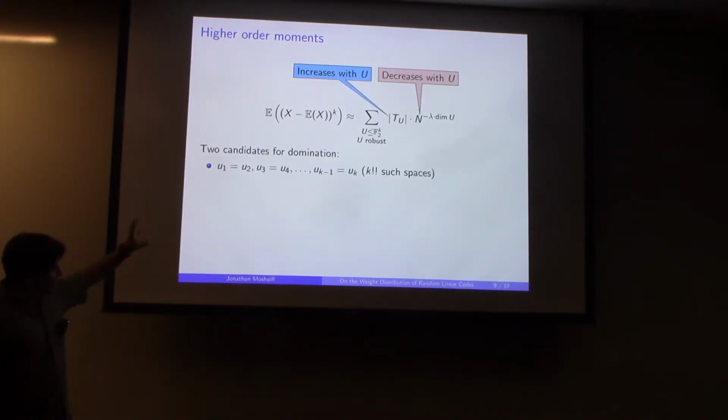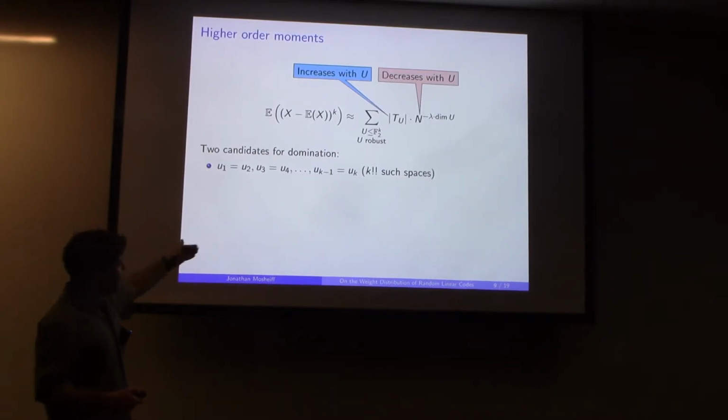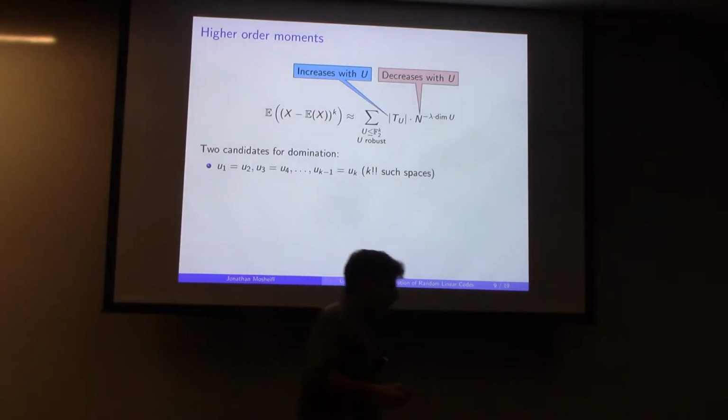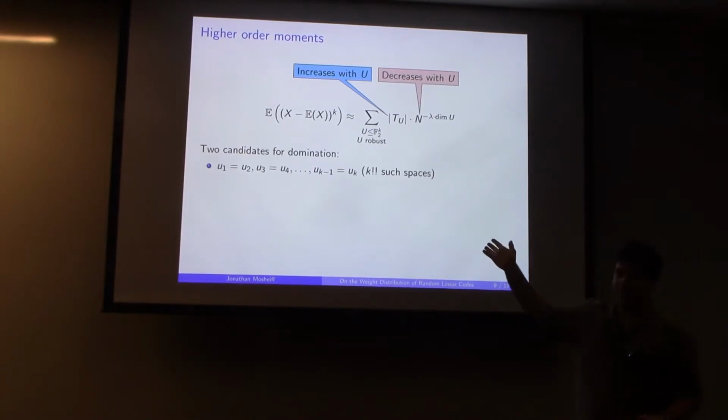These 2 candidates are 2 different extremes. One extreme would be the vectors in which just u1 and u2 are the same, u3 and u4 are the same, like matrices like this. This corresponds again to the term that dominates in the case of just a binomial distribution.